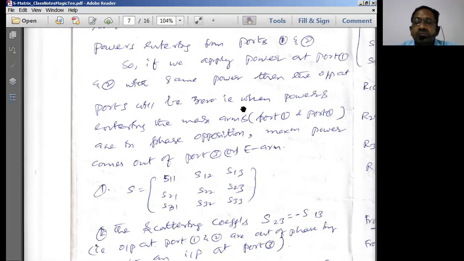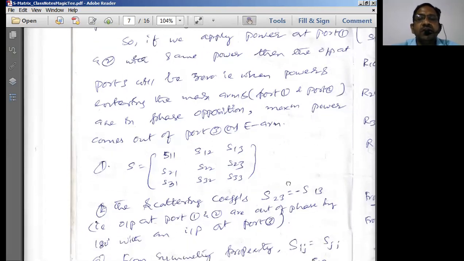Why? Because if you apply input at port 3, we're getting output at port 1 and port 2 with different phases. So now reverse, if you apply the signal with the same phase, these two phases are inverted itself and they're going to get subtracted at the junction, and thereby we won't get any output from port 3. That is what this particular statement is speaking about.